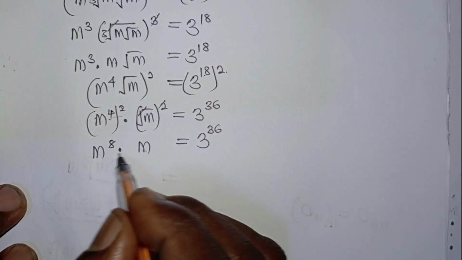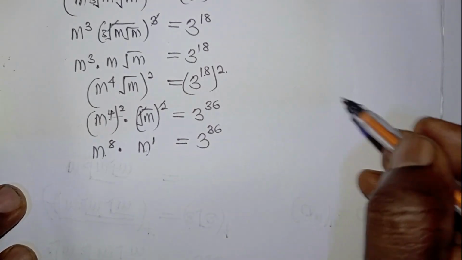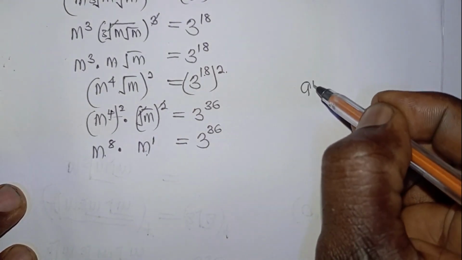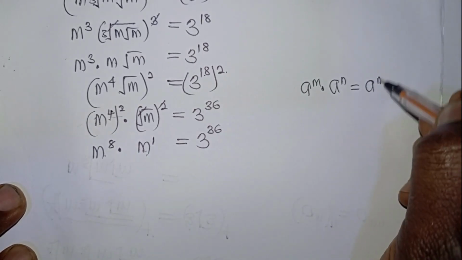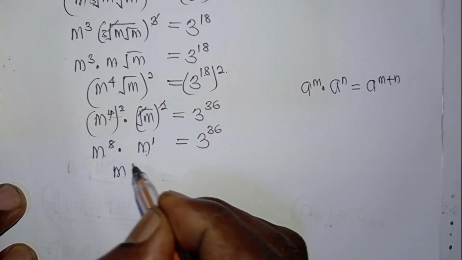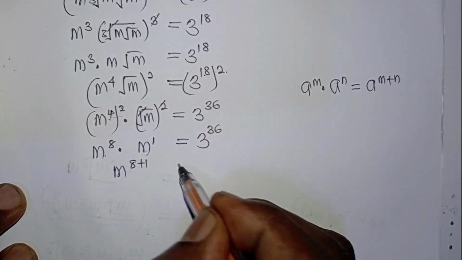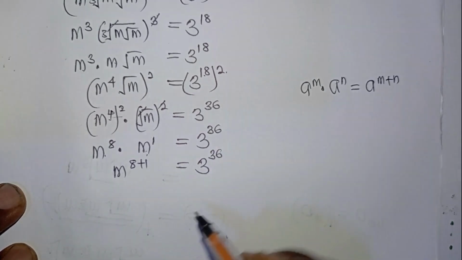So m to the power 8 times m, this is the power of 1. So we apply this rule: if you have a to the power m multiplied by a to the power n, it is equal to a to the power m plus n. Applying that, we have m to the power 8 plus 1 equals 3 to the power 36.